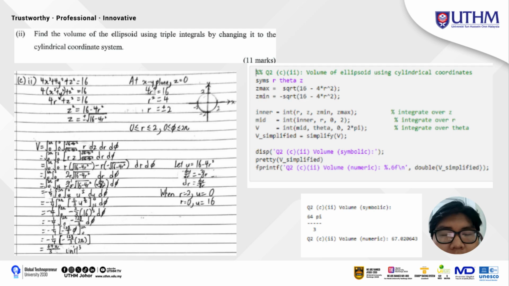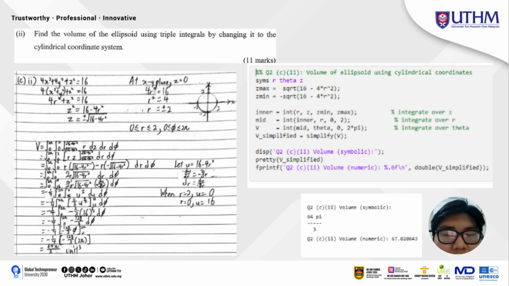Let's take a look at the right side, which is the verification with the MATLAB code. As first mentioned, we declare all the data, and after that we let it display the answer of the volume in symbolic and numeric form.